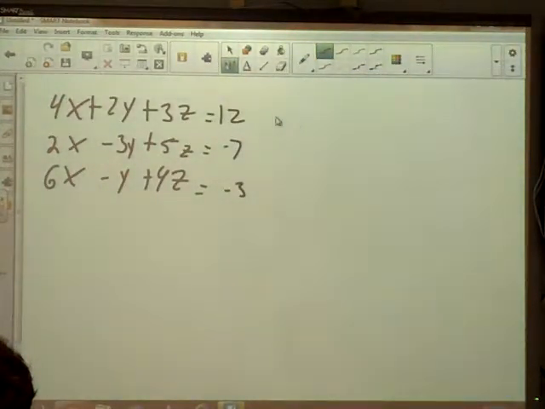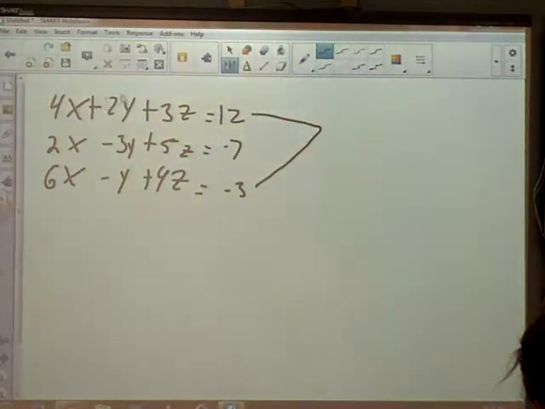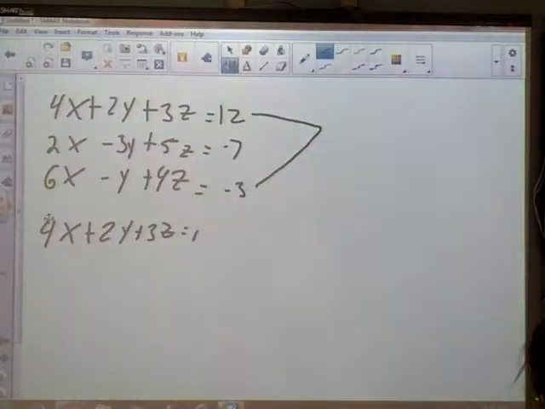Alright, so first thing I'm going to do is put those 2 together, and my y's need to both be 2s, but the first one already has it, so I don't have to change it at all. So I'm going to write it down. 4x plus 2y plus 3z is equal to 12. Okay, now to get that last one's y to be the same, I don't worry about the sign, I just worry about the number.